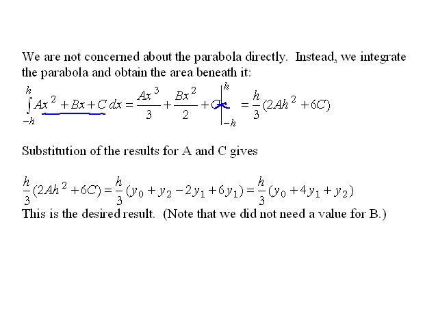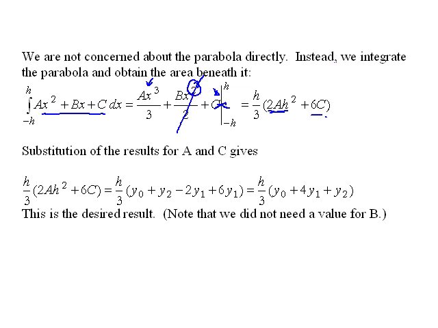Okay, so now after we integrate, notice that x is odd here. It's odd here with the power of 1, but it's even here. So when I evaluate it between minus h and h, this term drops out. And all we need is 2ah squared plus 6c. Well, from before, we knew what 2ah squared was already.